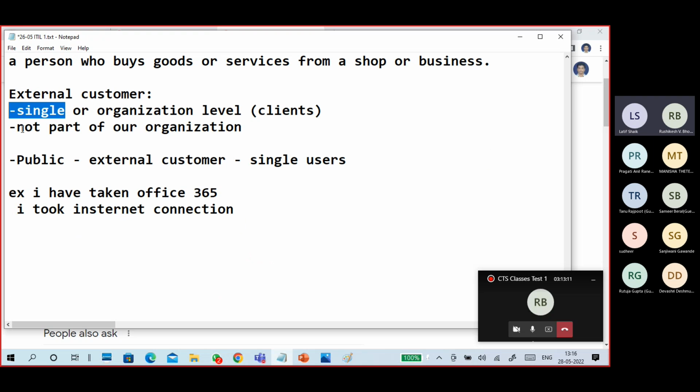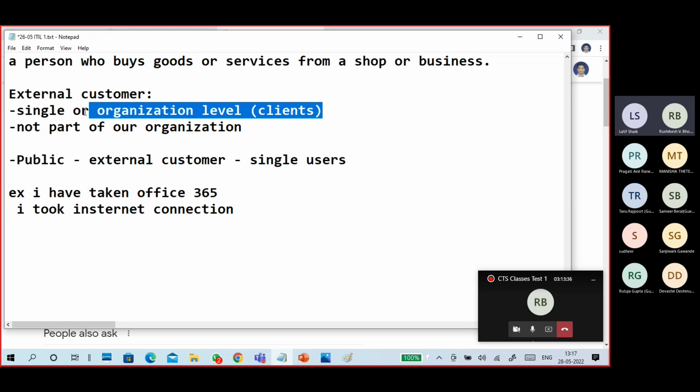It's a single customer. Like you went to a shop and bought a biscuit packet, you're a public customer. If you have an organization and order 1,000 biscuit packets for a particular event, or every day you have to give 1,000 biscuit packets, that is organizational level. So we call that one a client. Okay, organizational level.